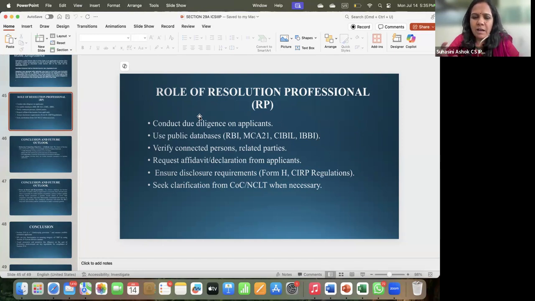Then, as the role of the RP, we need to file in Form H. So we have to ensure that we comply with all the CIRP regulations. In case the RP has any doubts about the persons, most of the times bankers will be dealing with them, so we can seek clarification from the CoC or NCLT whenever necessary about the party's identity or related parties.